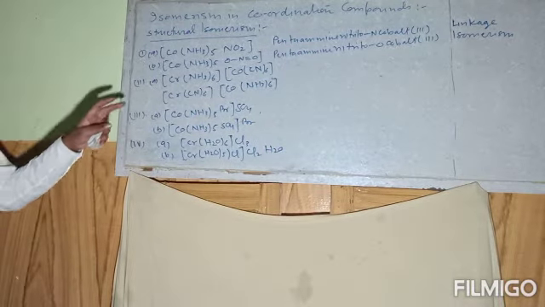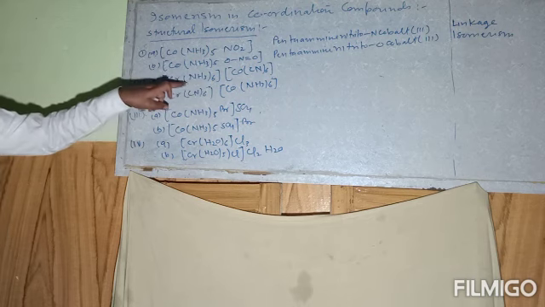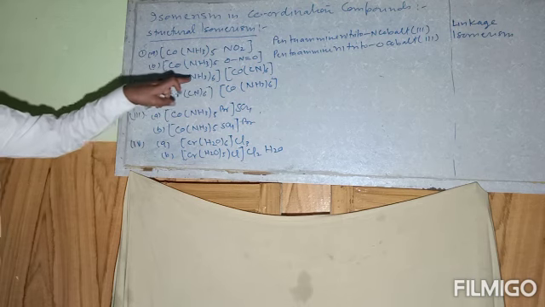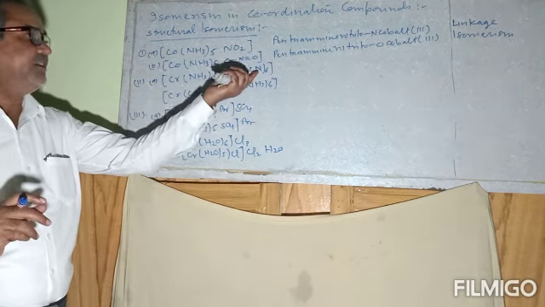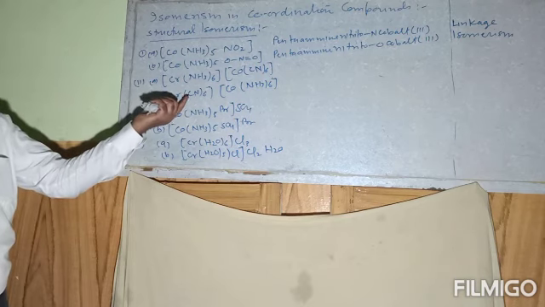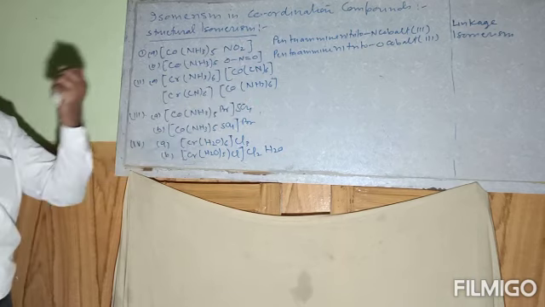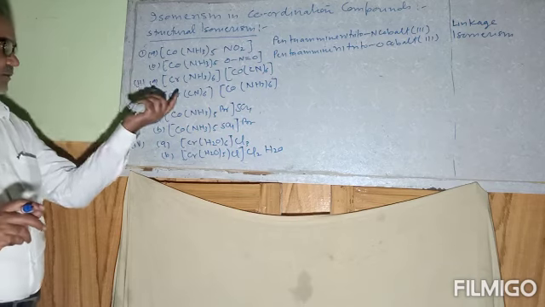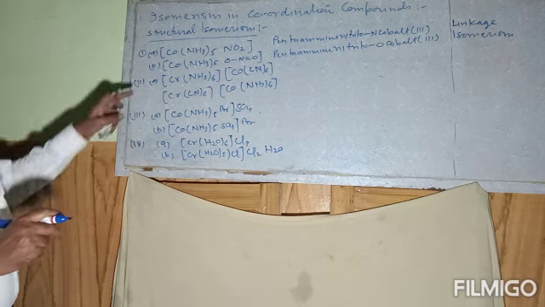See here, this part is positively charged and this part is negatively charged. This part is negatively charged and this part is positively charged. The name will be accordingly. Cation is named first, followed by anion.